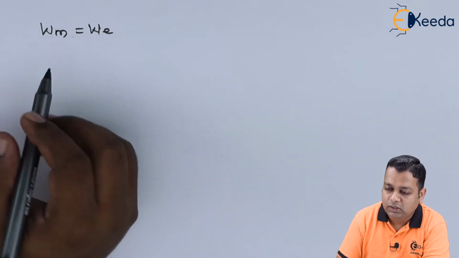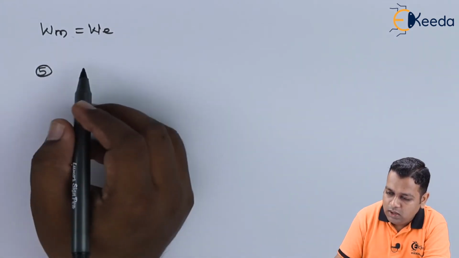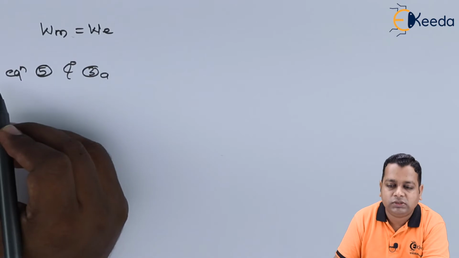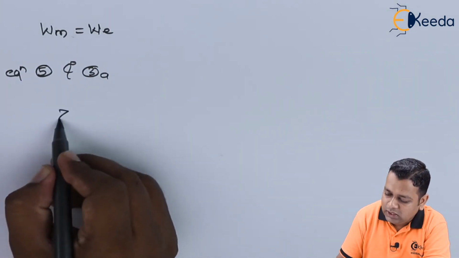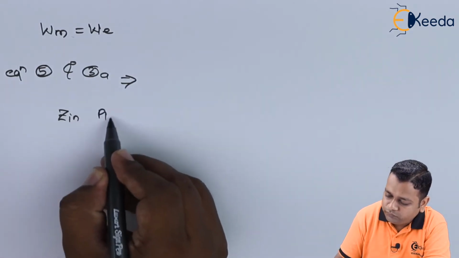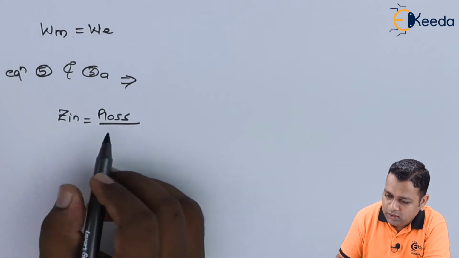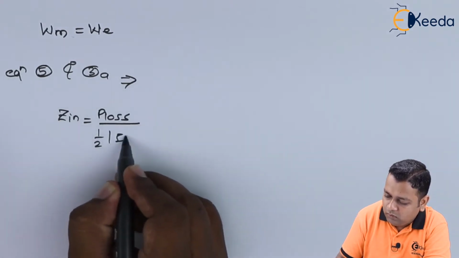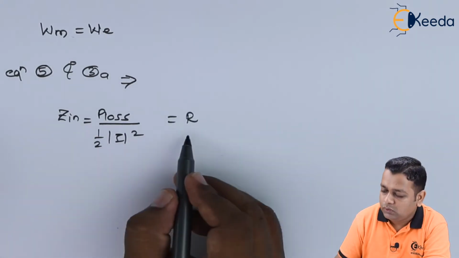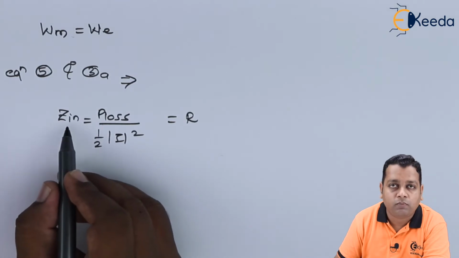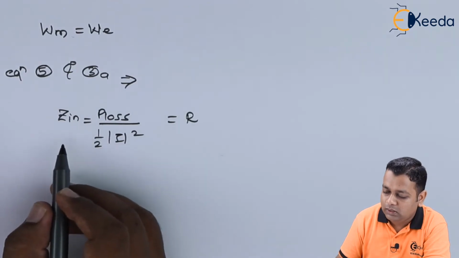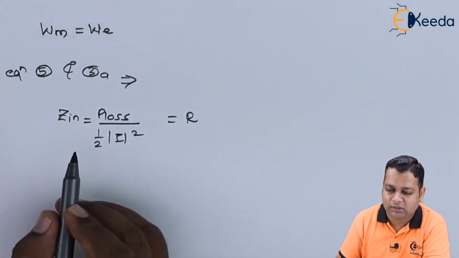In that situation, from equation number 5 and equation 3a, the input impedance Z suffix in is P loss divided by 1 by 2 times mod I squared, which is equal to capital R. So capital R, the component in Z input, is a pure real impedance, or real part.